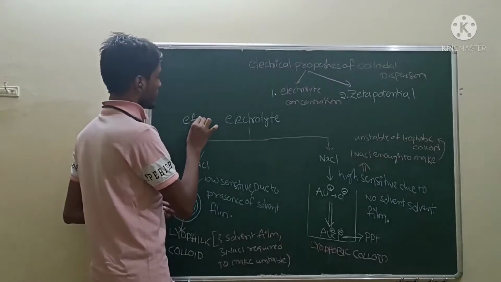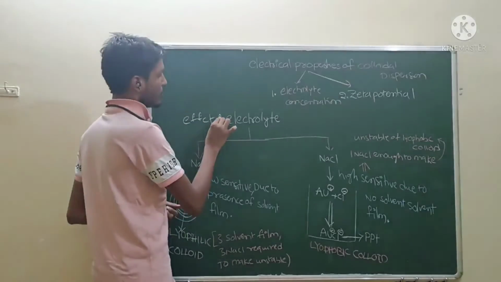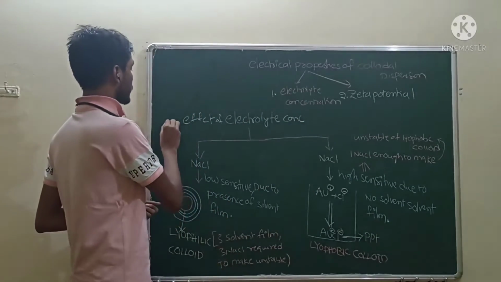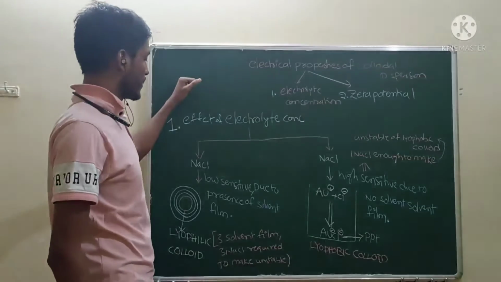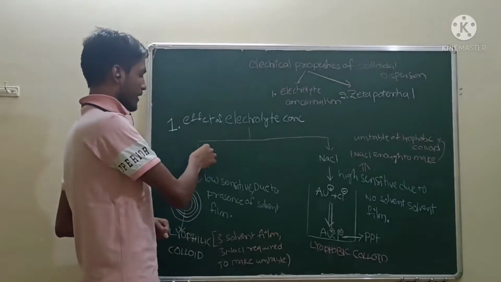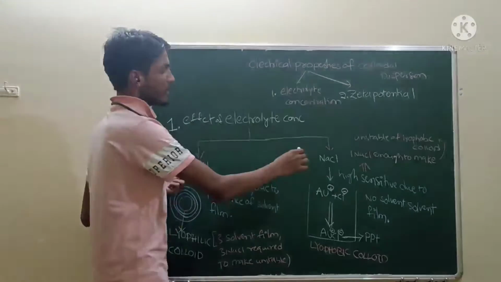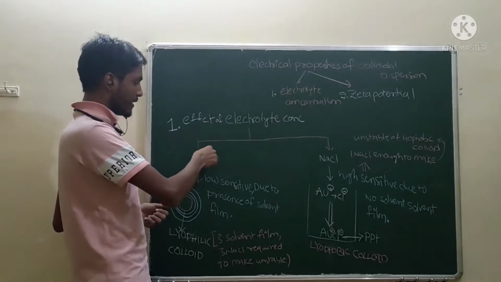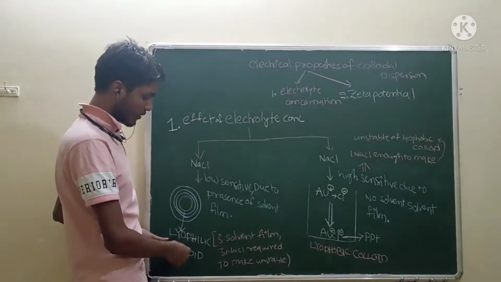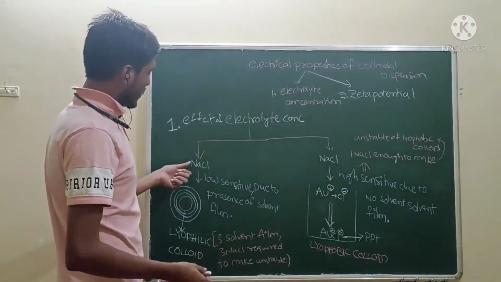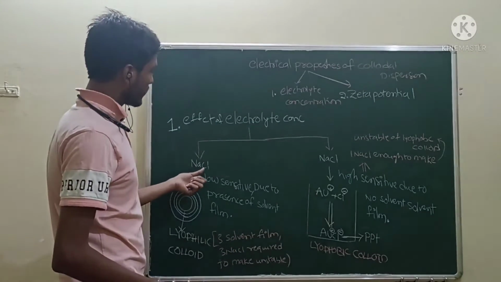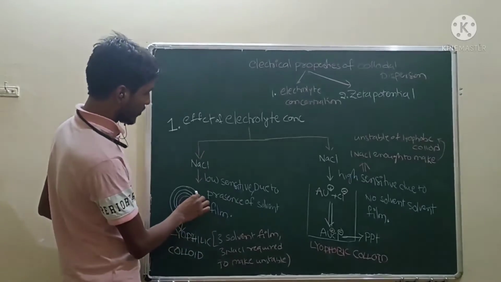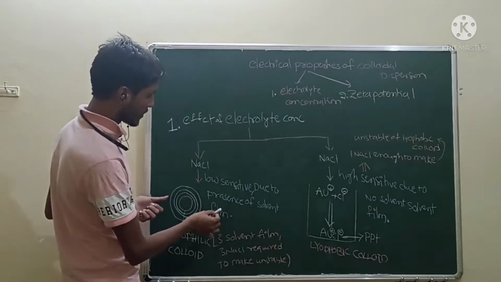So, the effect of electrolyte concentration. I have taken one NaCl. When I add this NaCl to the lyophilic colloidal system, forget about the sodium, the chloride ion will remove one solvent film.